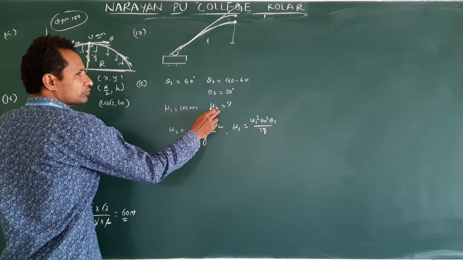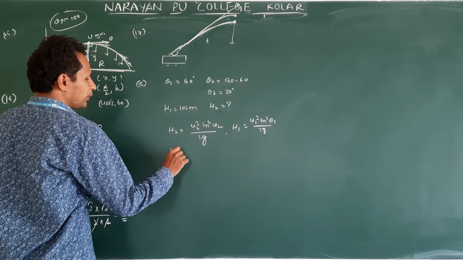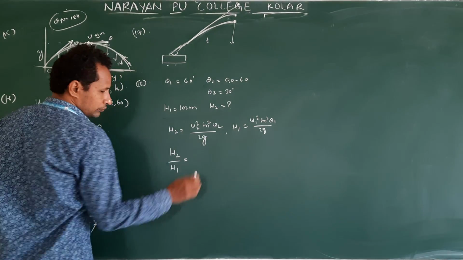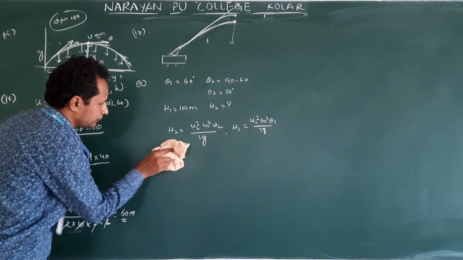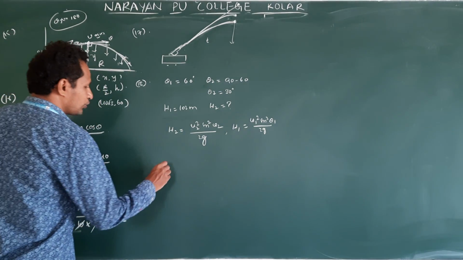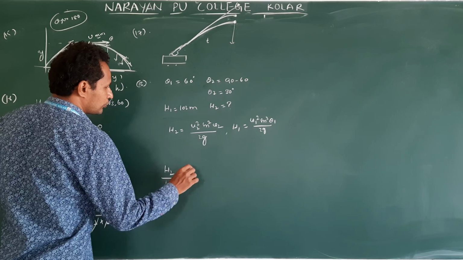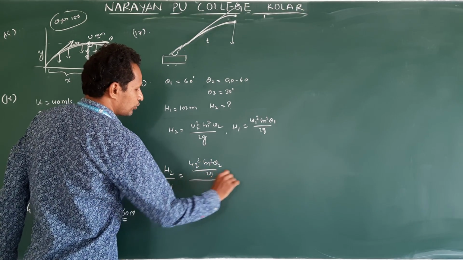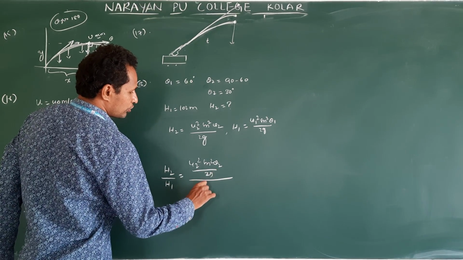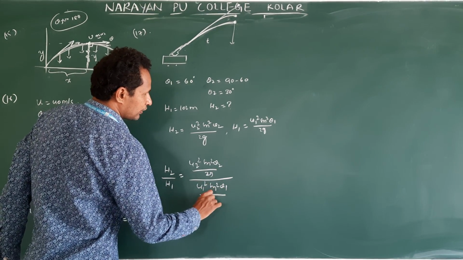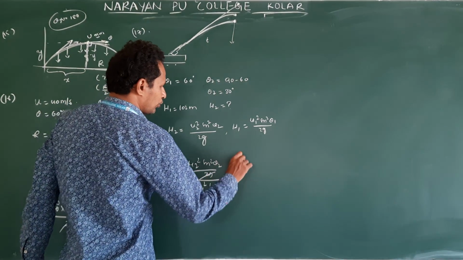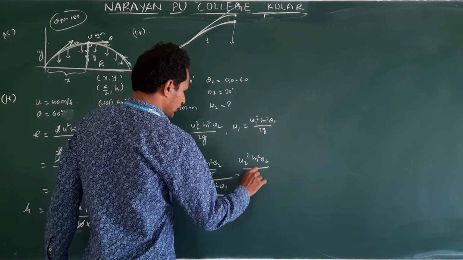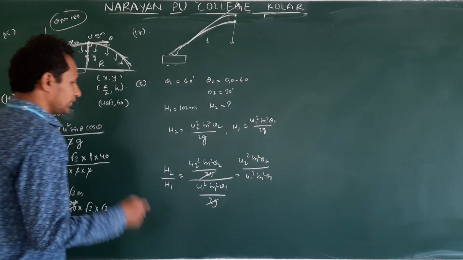Since h2 is asked, h2 by h1: the 2g will cancel. So h2 by h1 is equal to u2 square sin square theta 2 by 2g, divided by u1 square sin square theta 1 by 2g. 2g cancels. So u2 square sin square theta 2 by u1 square sin square theta 1.